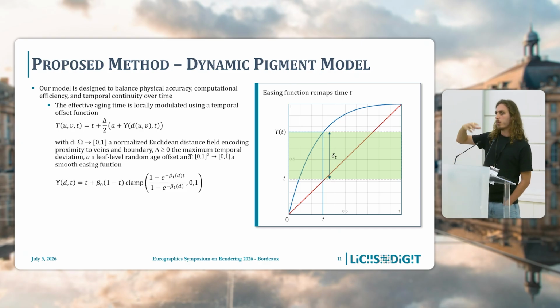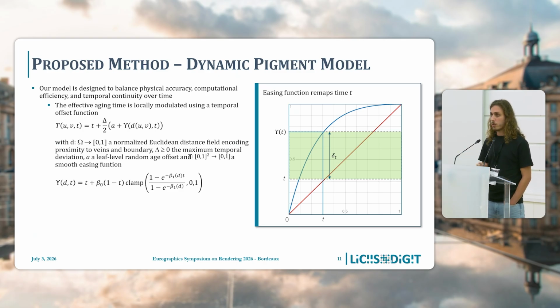To integrate this, we add easing functions to remap time for each leaf in the foliage. The main goal of this function is just to add a temporal variation for each leaf.